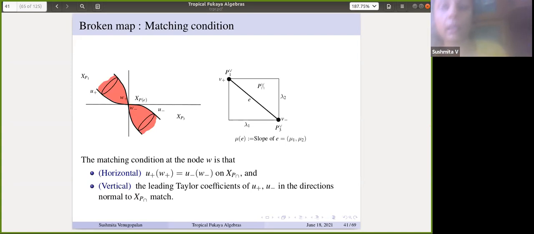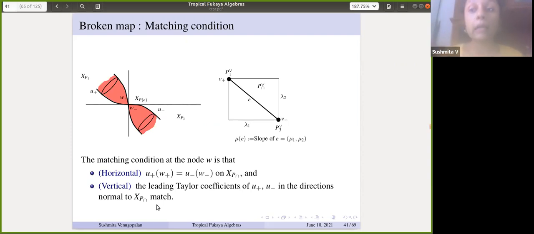Let me say something about the matching condition in the case of a multiple cut. As in the case of a single cut, the first condition is as expected, which is that if you project the nodal point to this manifold X_P hat, which is the intersection of whatever divisors happen to pass through that point, the projection is equal on both sides of the node.